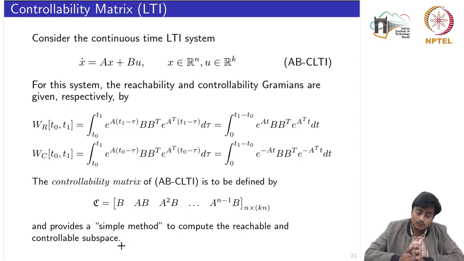We already knew from the LTV systems that we can compute the reachable subspace and the controllable subspace by computing the images of these matrices. But having an LTI system gives us more flexibility in representing those results in terms of this specific matrix.